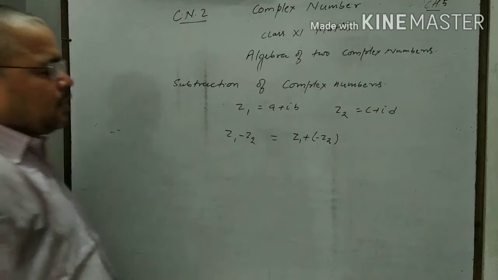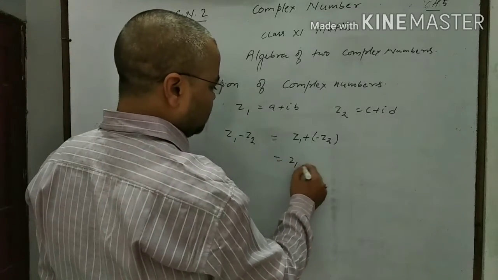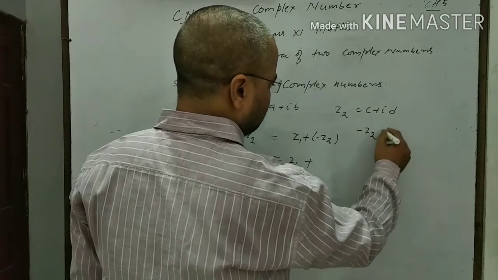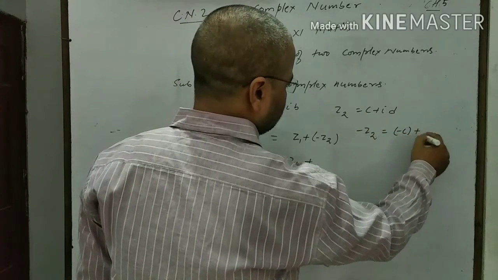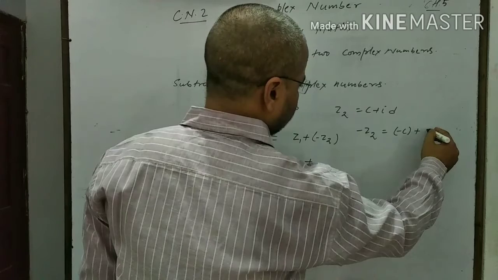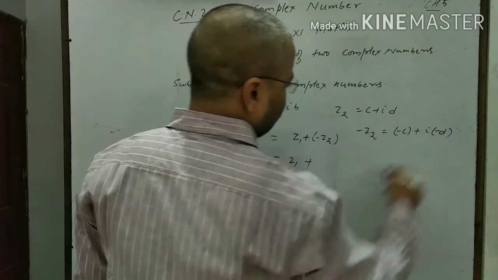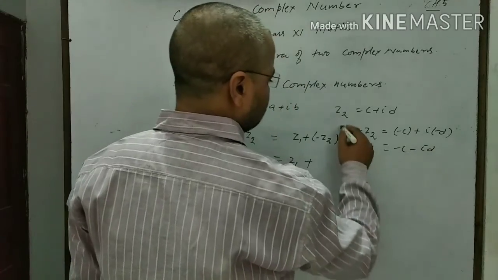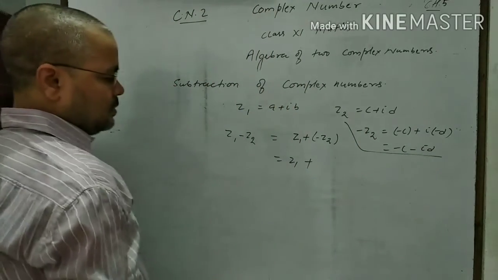Now if Z2 is this, then minus of Z2 is minus c plus i into minus d, or simply we can write minus c minus id.